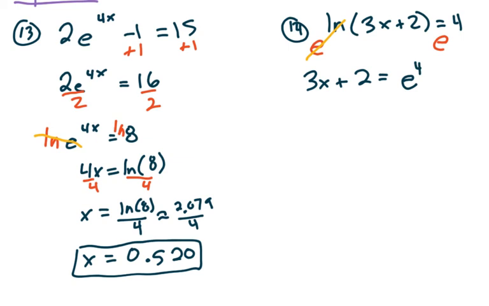And you can stick this e to the 4th in your calculator. E to the 4th is 54.598.